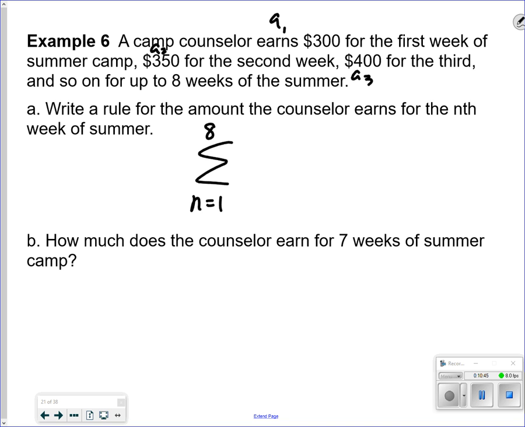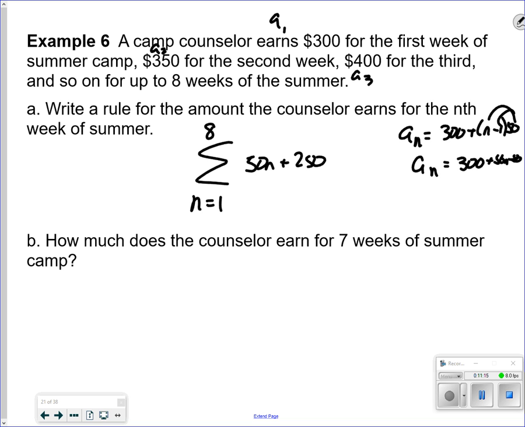So if you want to, you can actually, so I know a sub 1 and I know d. So a sub n equals a sub 1 plus n minus 1 d. Distribute. So I got to write the rule first. And so I get 50n plus 250.